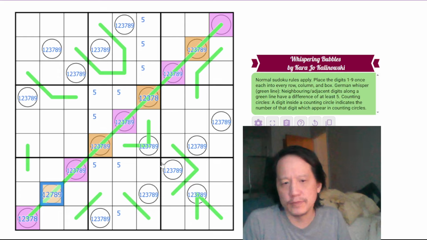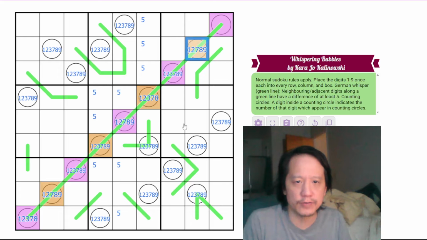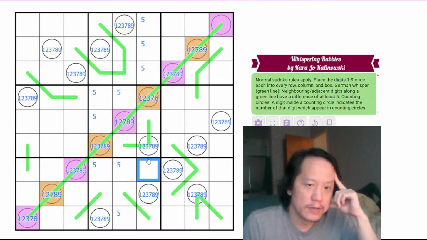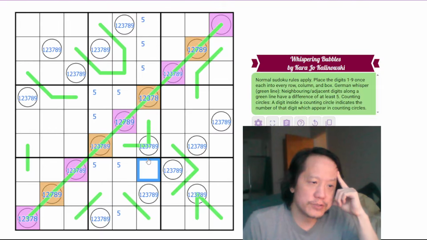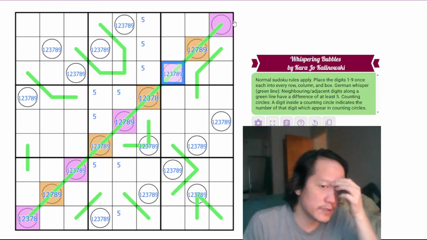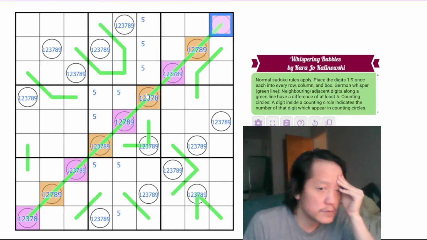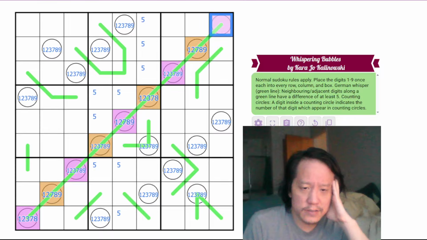Let's see. 3 could not be here, here, or here. So 1, 2, 3, 7, 8. This could be 7, 8, 7, 8, 7, 8, 7, 8. That's still okay.